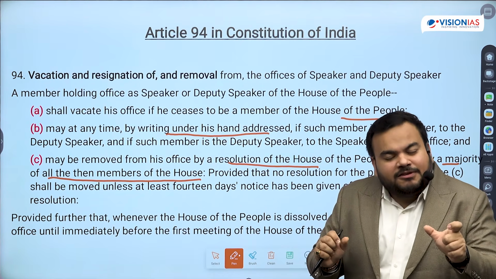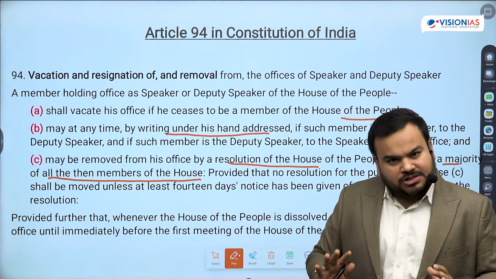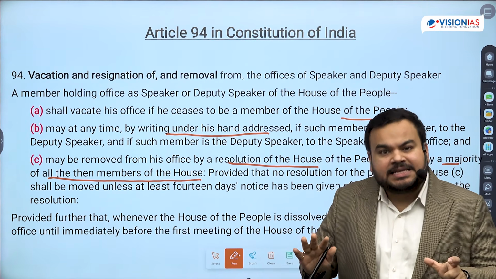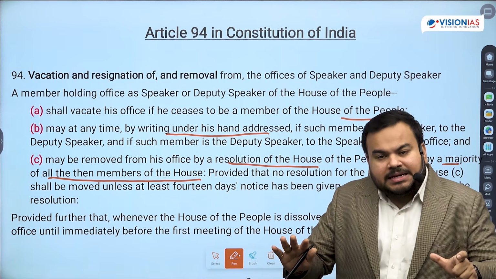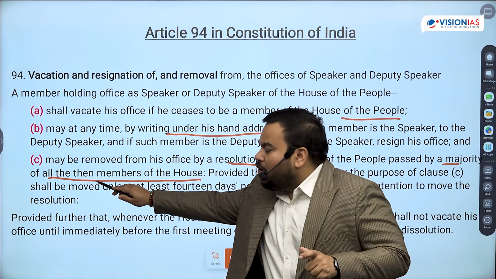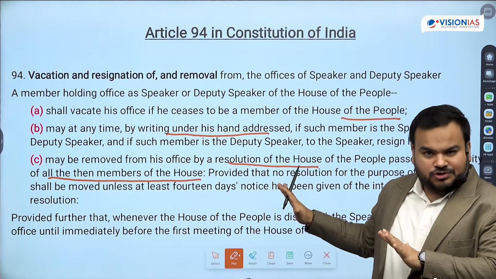The term effective majority has nowhere been used in the text of the Constitution. The Constitution tells that for the removal process of the House of the People Speaker, we require a majority of all the then members of the House. I'll discuss what exactly is effective majority.